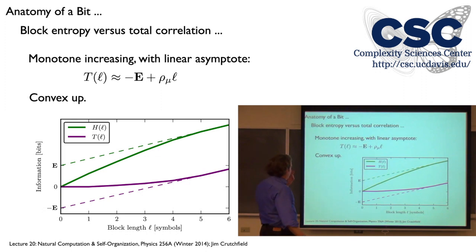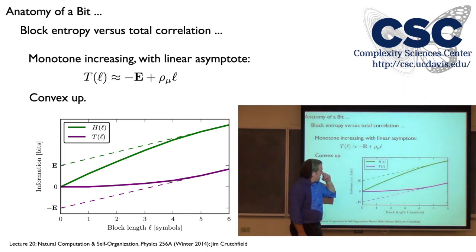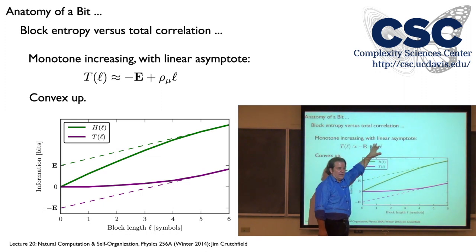And then here's what it looks like when you calculate it for a typical process. First of all, interestingly enough, it has its own linear asymptote.